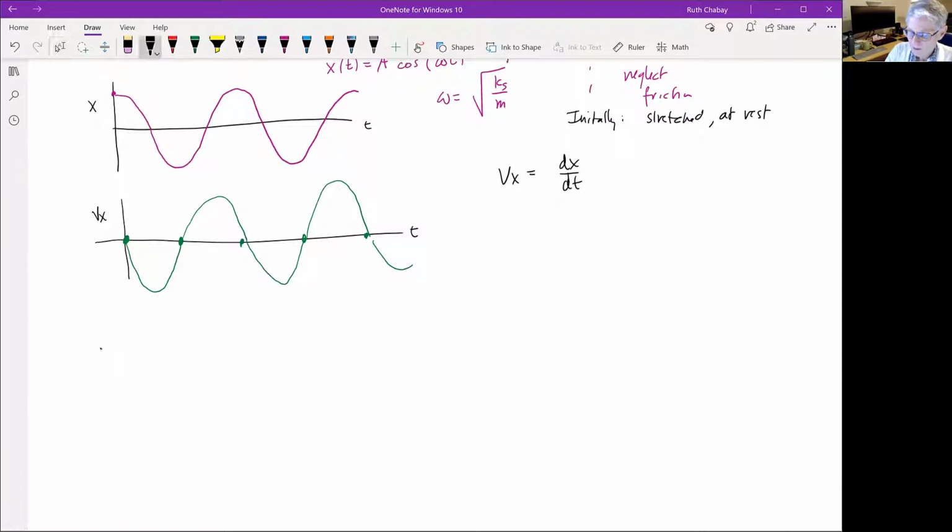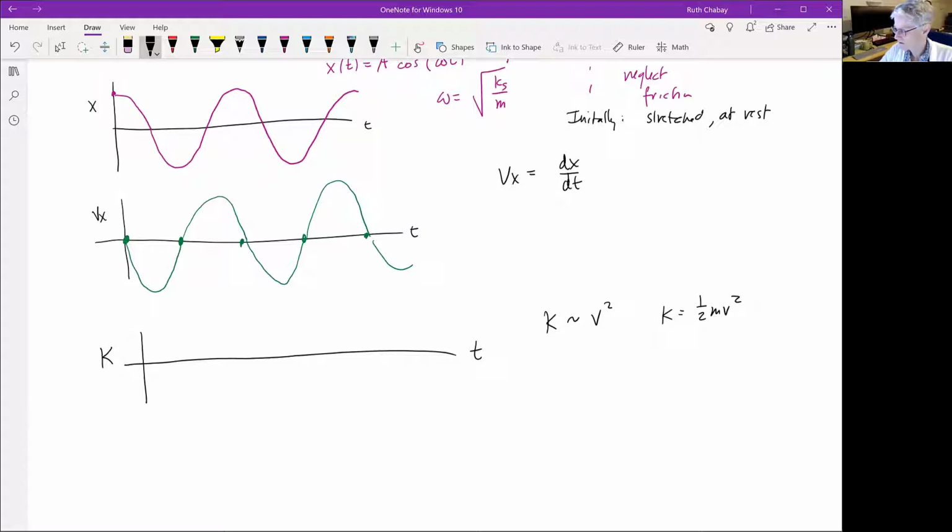And now if we wanted to plot kinetic energy versus time, well, kinetic energy is proportional to v squared, right? Its kinetic energy is a half m v squared.